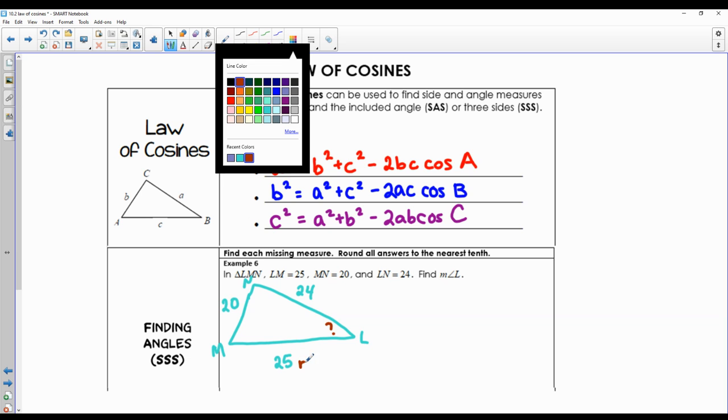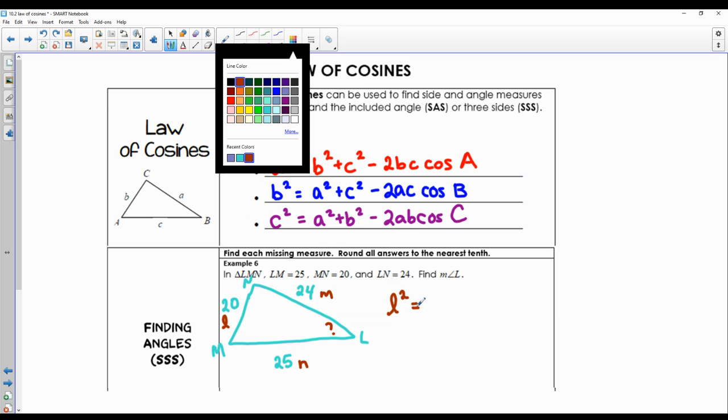So we could call this little n, go across from angle M, call that little m, and across from L, I'm going to write it in cursive so it doesn't look like a 1. We'll call that an L. All right, now we are asked for big L. So please note that that means we're going to start with little l.